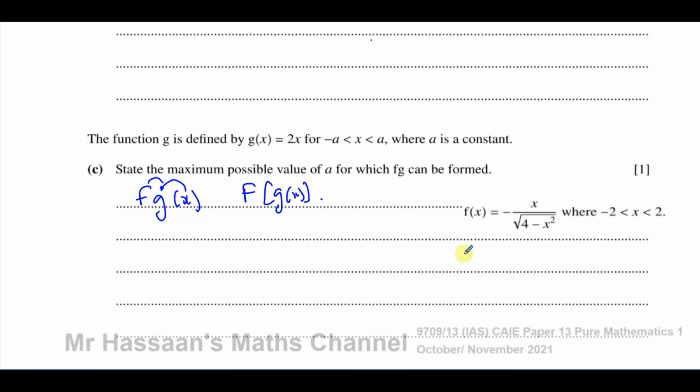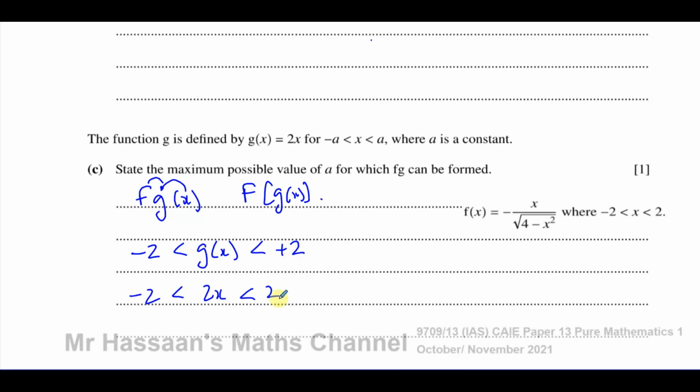So basically, what we can say is that g of x has to have an output such that the output of g of x fits into the domain of f of x. It has to be completely contained within the domain of the function f. So this has to be true: minus 2 is less than g of x, which is 2x, which is less than 2.